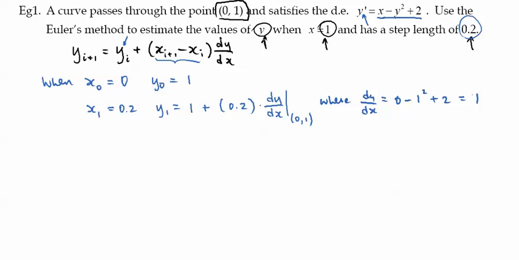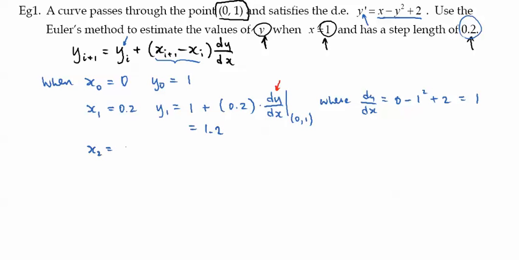So that means we have dy dx equals 1. Once you've calculated 1 plus 0.2 times 1, we will end up with 1.2. So that's the y value after step 1.